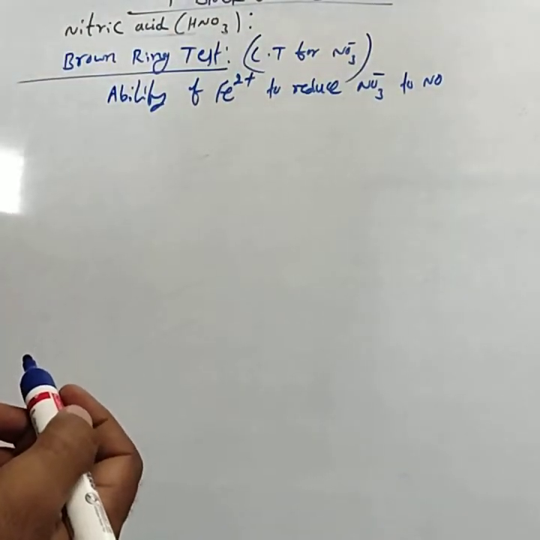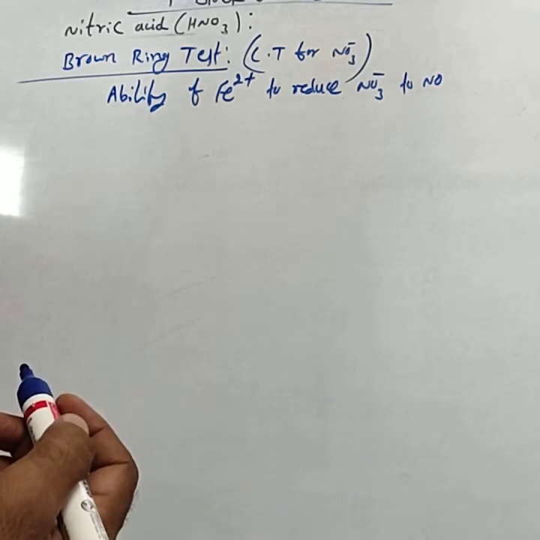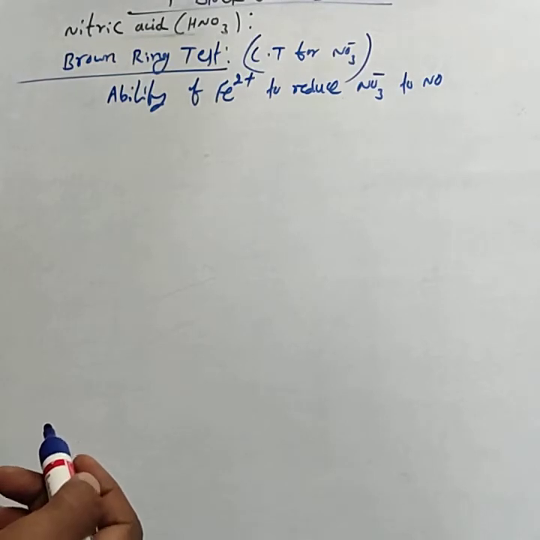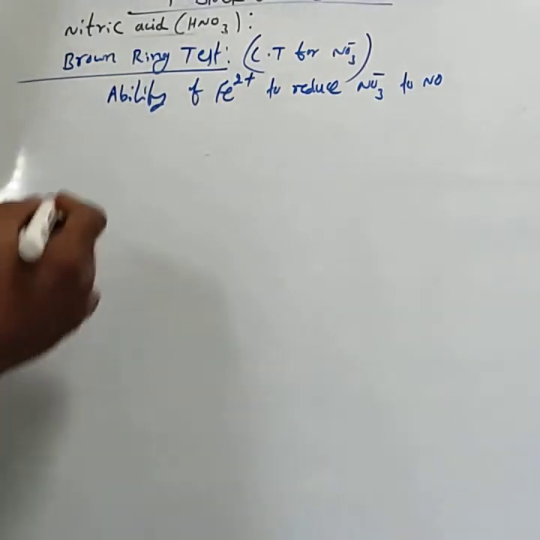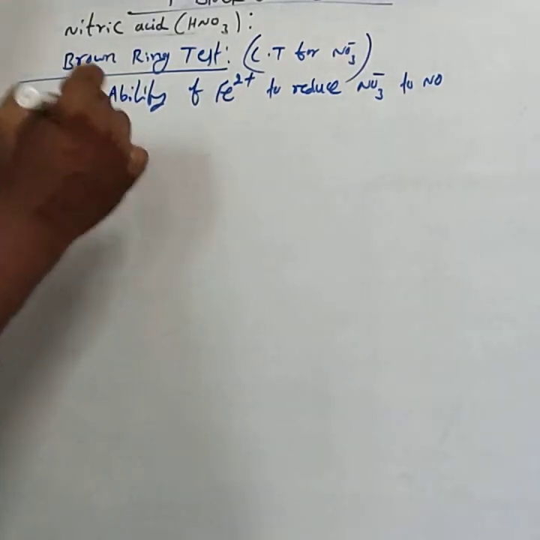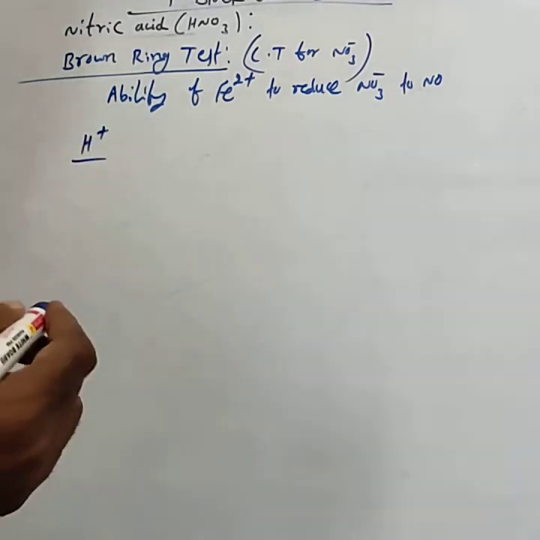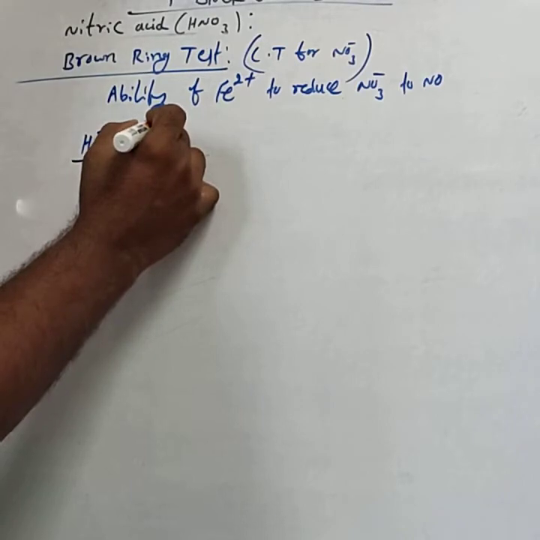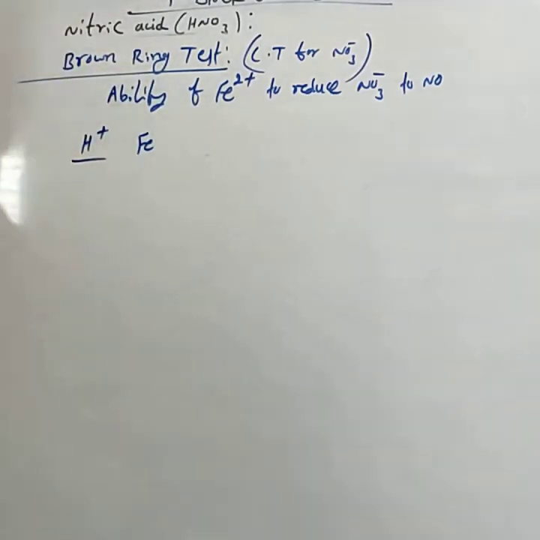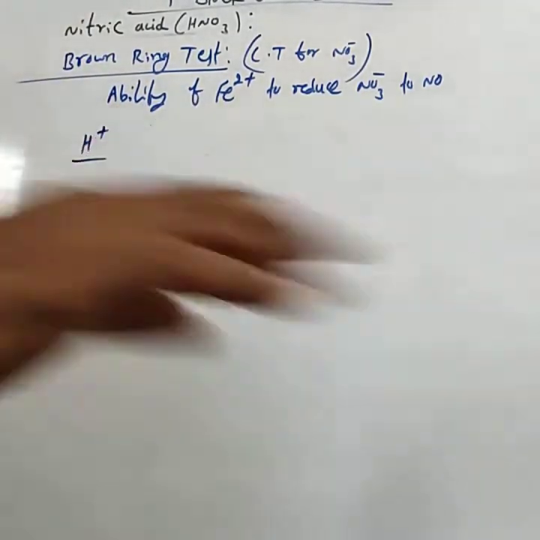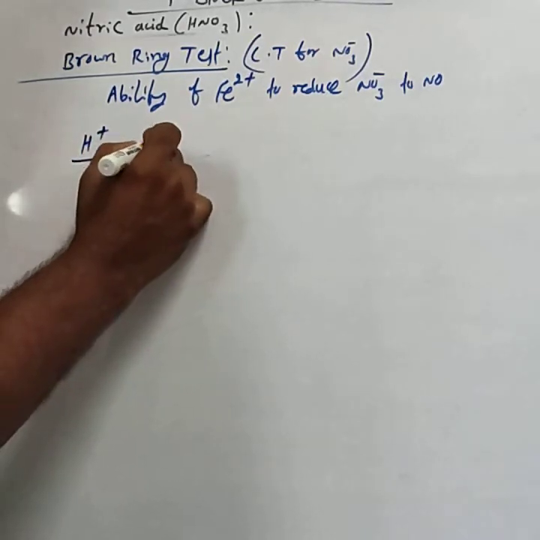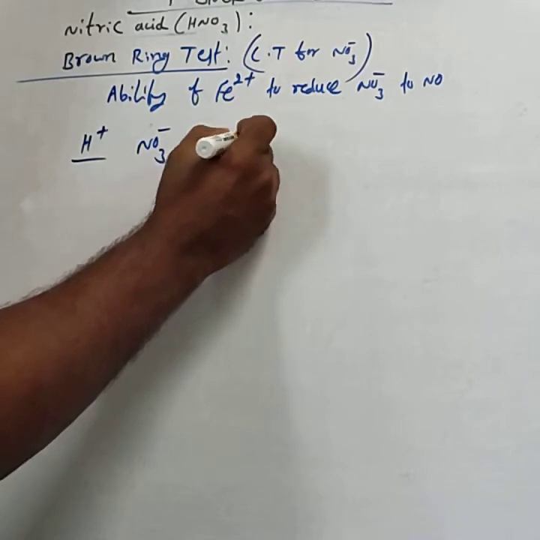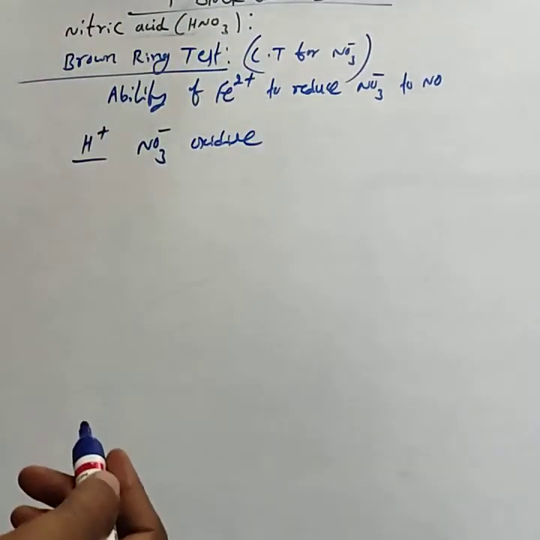The brown ring test for nitrate is based on the ability of ferrous ion to reduce nitrate ion to nitric oxide. In the presence of sulfuric acid, nitrate ion oxidizes ferrous ion. That is, nitric acid is an oxidizing agent.